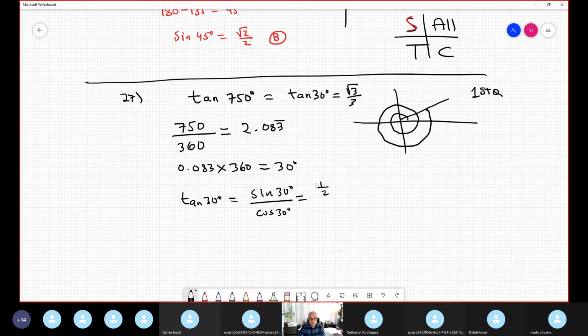Sine 30 degrees is 1/2 and cosine 30 degrees is radical 3 over 2. You cancel out these two, it's 1 over radical 3, rationalize. Radical 3 is radical 3 over 3. Any question?